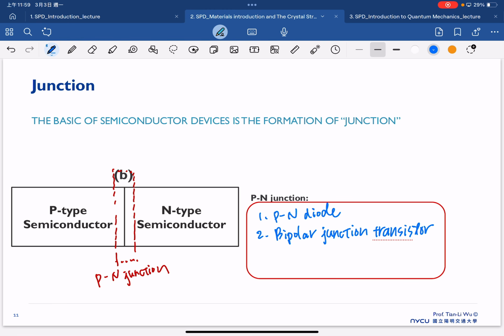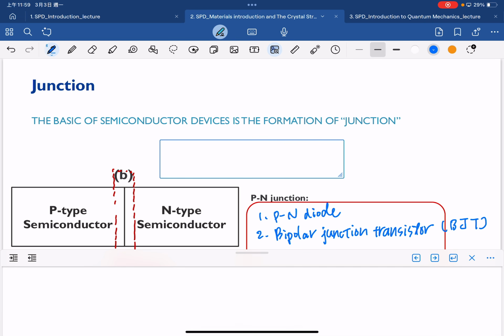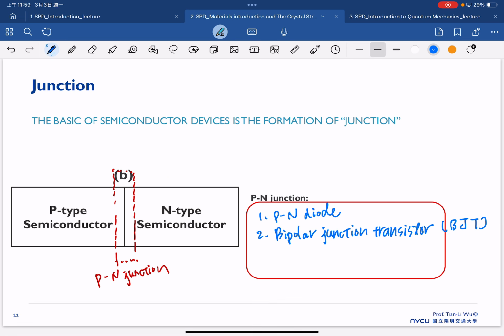Or we call it a BJT. So the BJT is a structure that looks like this.